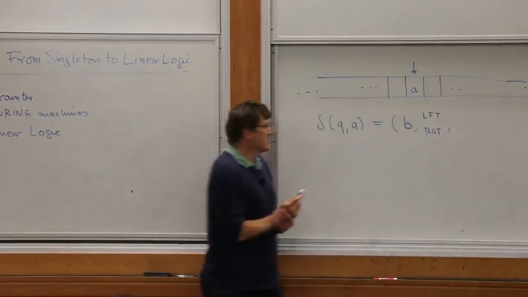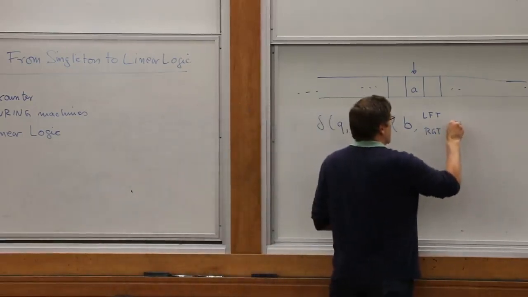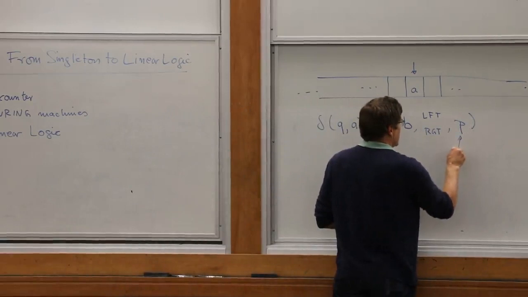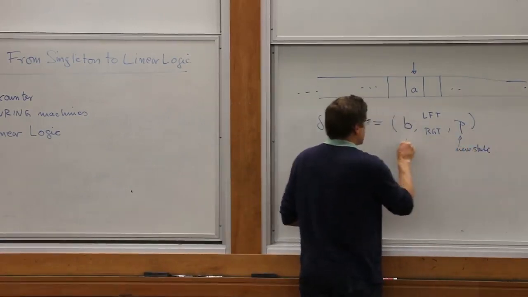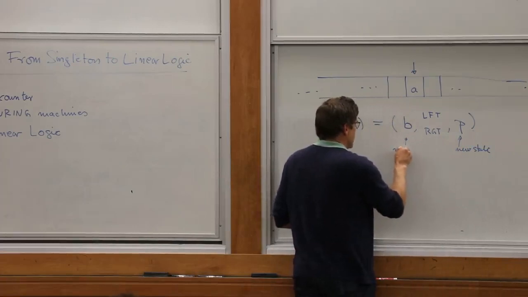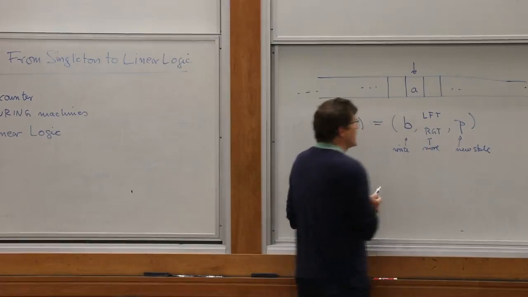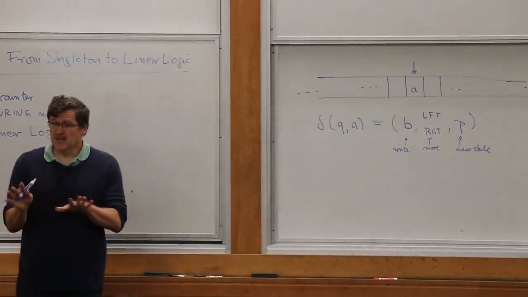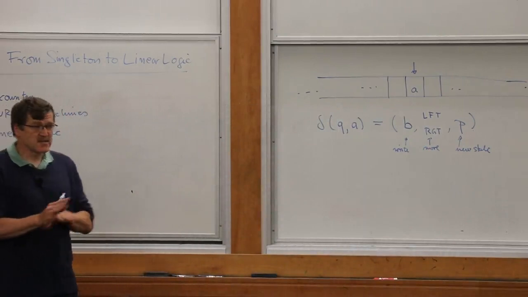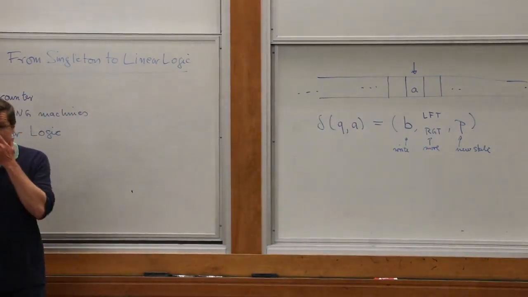And the third thing is the new state, let's call it P. So this is the symbol we write onto the current cell, and this is the move. That's what we want to implement. I'm not going to worry too much about whether the Turing machine accepts or not, or its final state, just the computation itself.